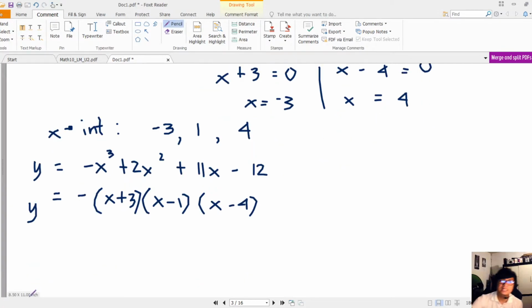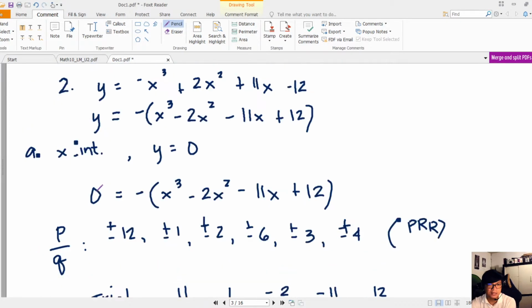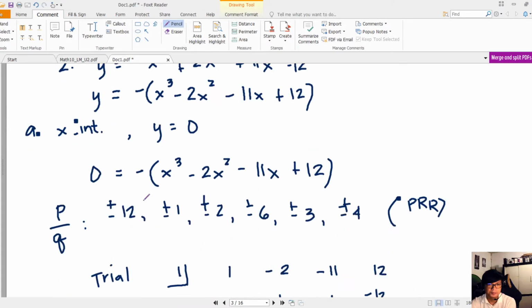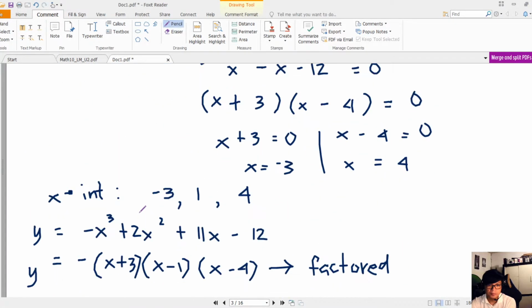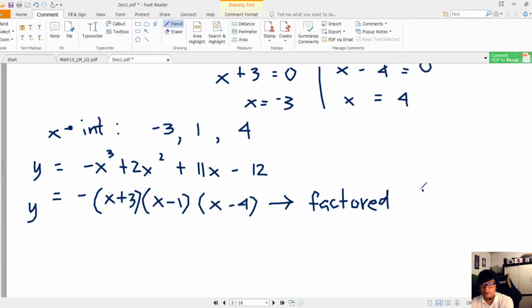So this is the factored form of our given polynomial function. Don't forget the negative here because kanina kasi nilabas natin yung negative. Ito, factored form.